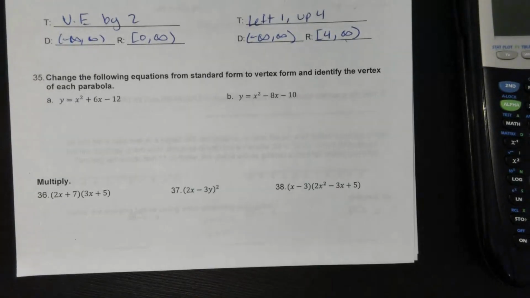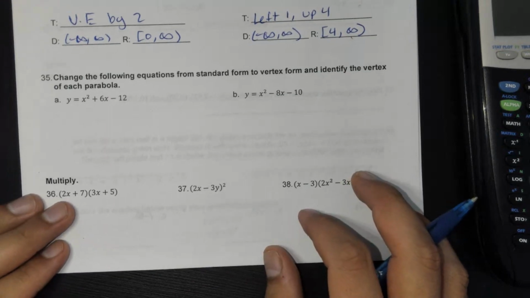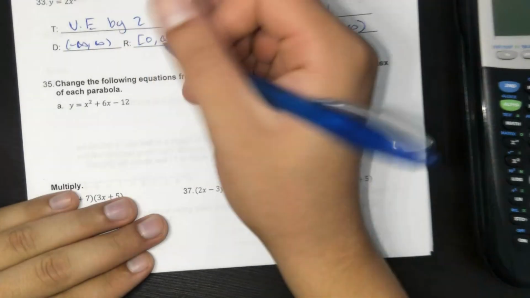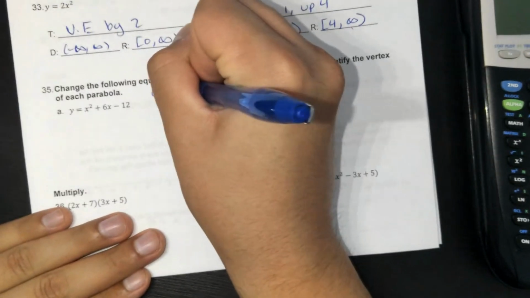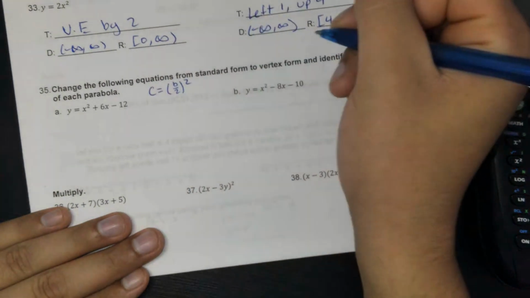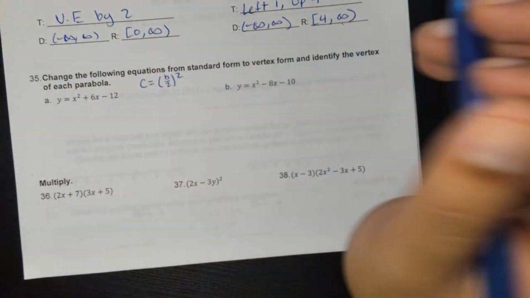So now on 35, change the following equations from standard form to vertex form. Identify the vertex of each parabola. Alright, so to find the new c value, it's b over 2 squared. I'm going to do this one 2 different ways.